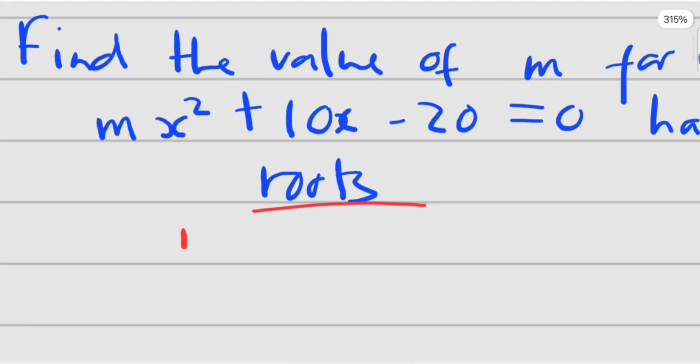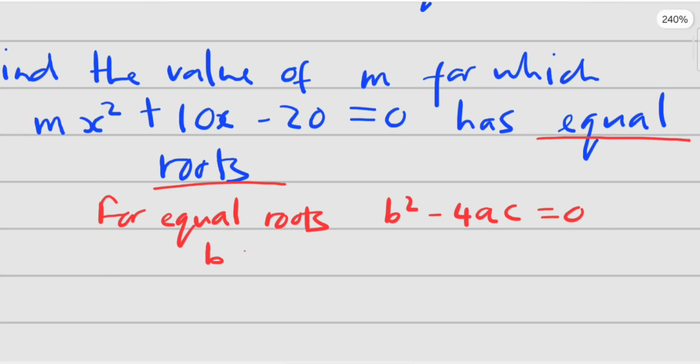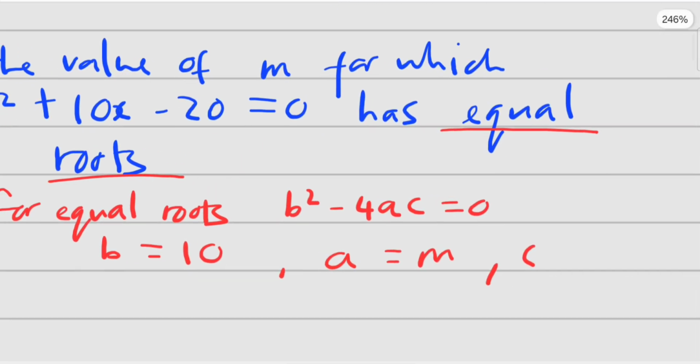So we write for equal roots, b squared minus 4ac should be equal to 0, like that, right? Our b is 10, our a is m, and our c is minus 20, like that, right?